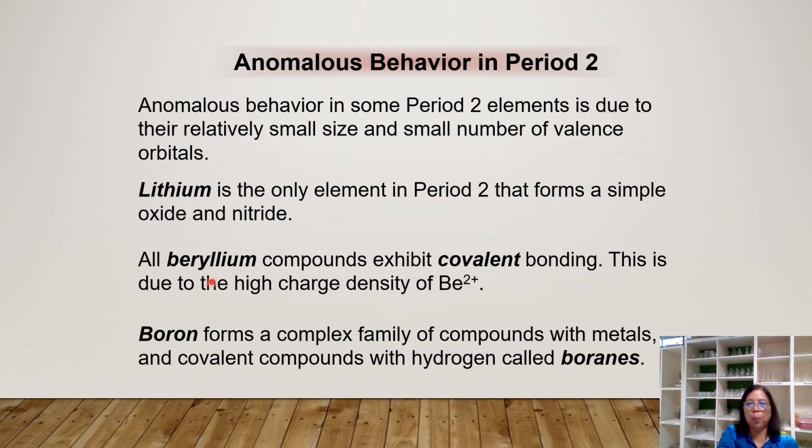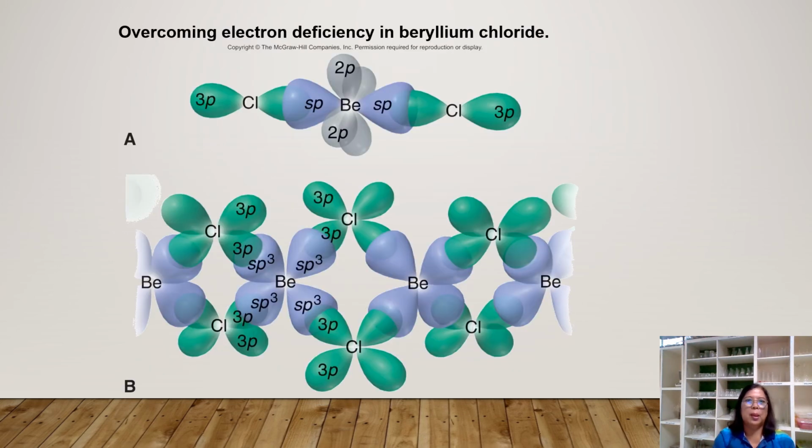All beryllium compounds exhibit covalent bonding. So if beryllium is reacting with another element, forming different compounds, all of those are attained through covalent bonding. And then boron works with hydrogen in order to form bonds.